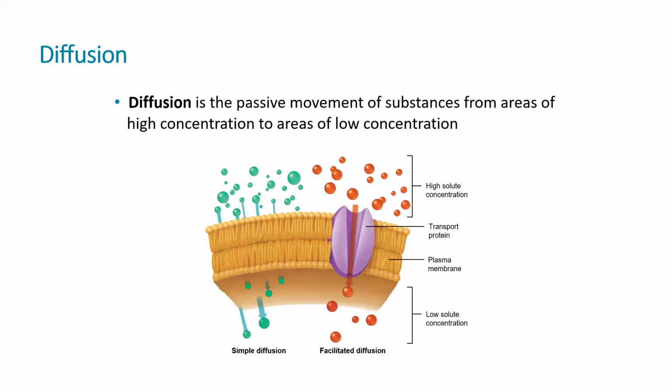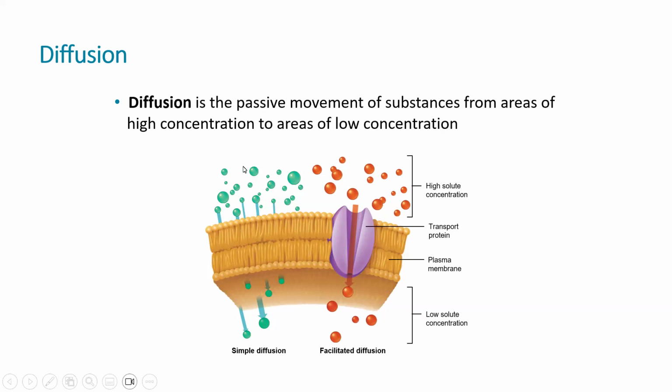Now, our simplest form of passive transport is going to be diffusion, which is passively moving from high concentration to low concentration. So when you look at this image, you should see that we have higher concentration on this side of the cell than we do on this side.